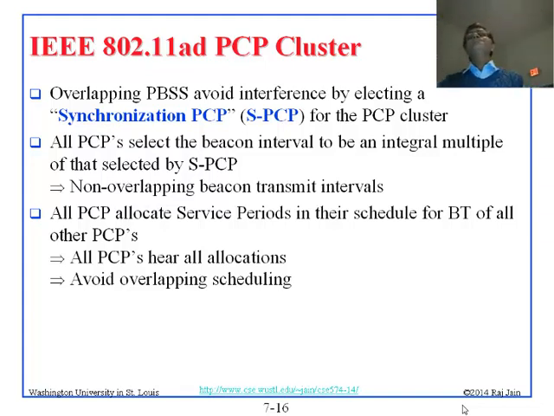Yeah. Is the SPCP pre-selected or nominated? Everything here is elected. So, if a DVR wants to talk to the TV, and both probably have the capacity to be PCP, they will say, I have capacity to be PCP, and then at most they will have a priority built in, which will say, well, look, I have a higher priority because I have an 8-core CPU, and you have only a 2-core CPU. So there is some priority, okay?